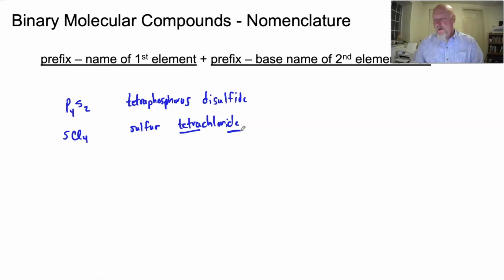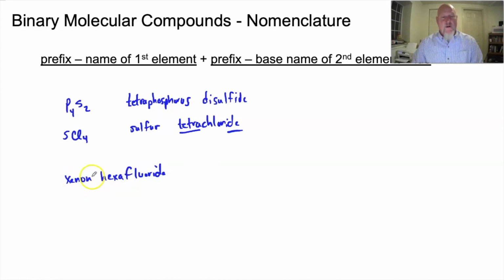So what if we go the other way? So what if we have xenon hexafluoride?